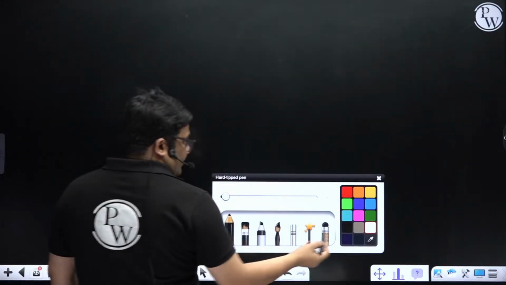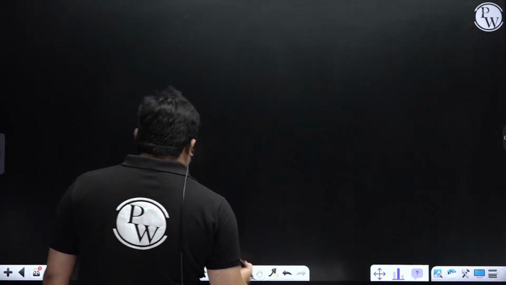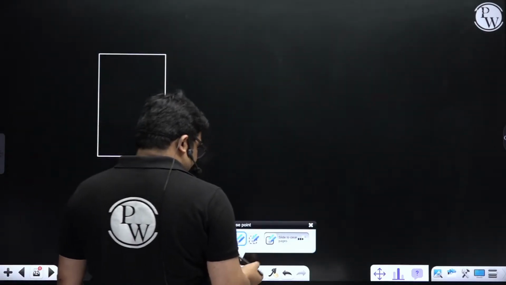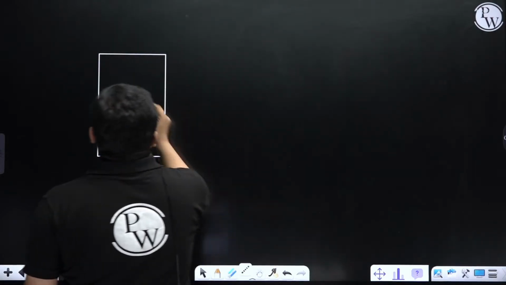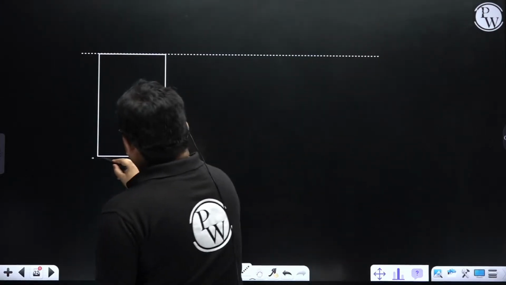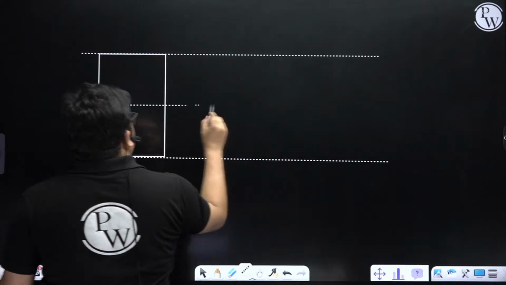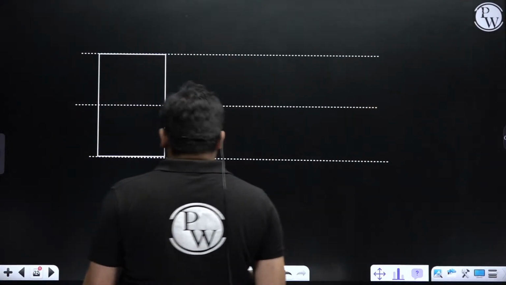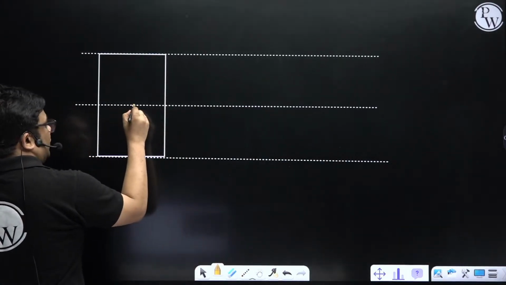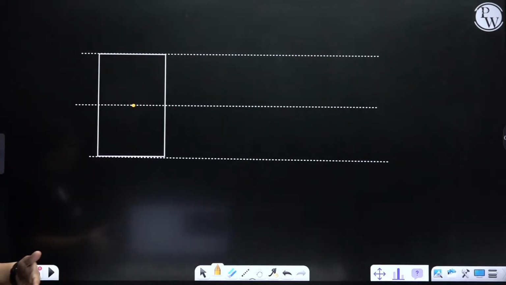Now suppose the cross section is rectangular. It can be circular also, I am taking rectangular.